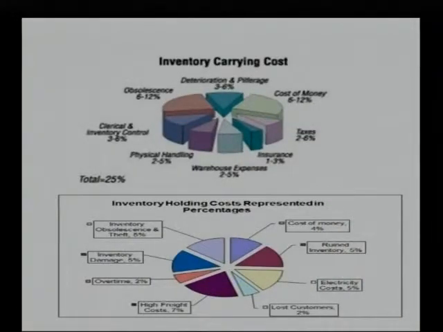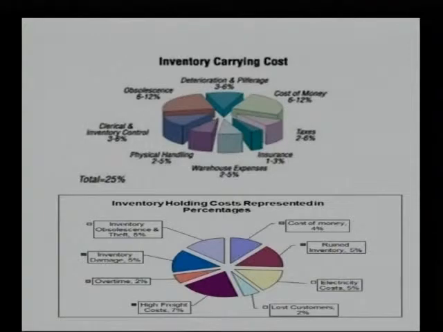What does inventory carrying cost include? It includes deterioration, pilferage, cost of money, the holding cost, the taxes, the insurance, the warehouse expenses, physical handling, clerical and inventory control, obsolescence cost.